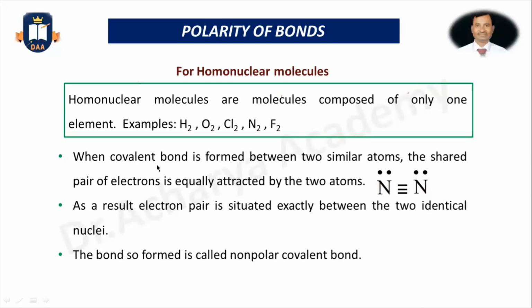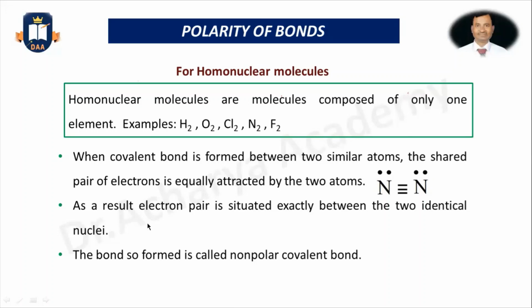So when a covalent bond is formed between two similar atoms, in this case two nitrogen atoms, then the shared pair of electrons, this bond, three bonds are there, that means three shared pairs of electrons, is equally attracted by the two atoms. That means this shared pair of electrons is attracted by each nitrogen equally.